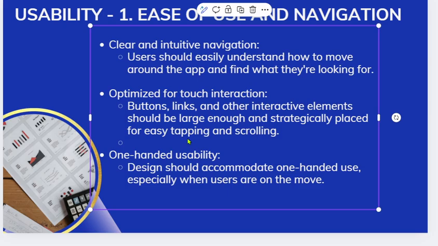Maybe some will still have basic buttons like volume up, volume down, and the power button, but most other interaction is via the touch screen. One of the problems is that screen elements should not be too small. They should be large enough and strategically placed for easy tapping and scrolling.